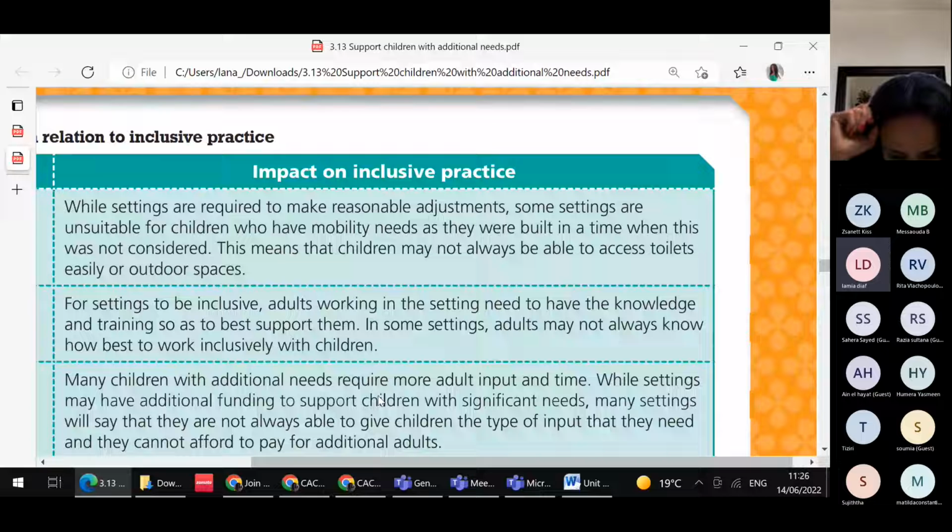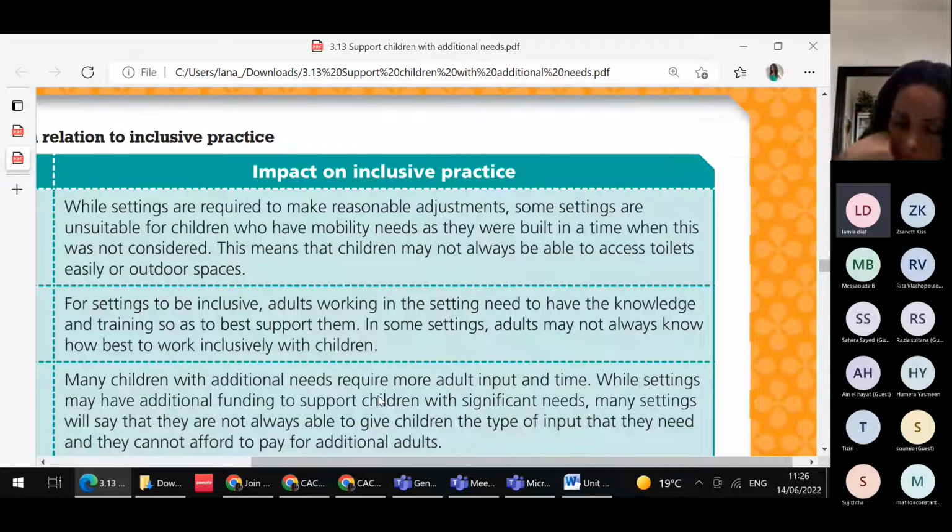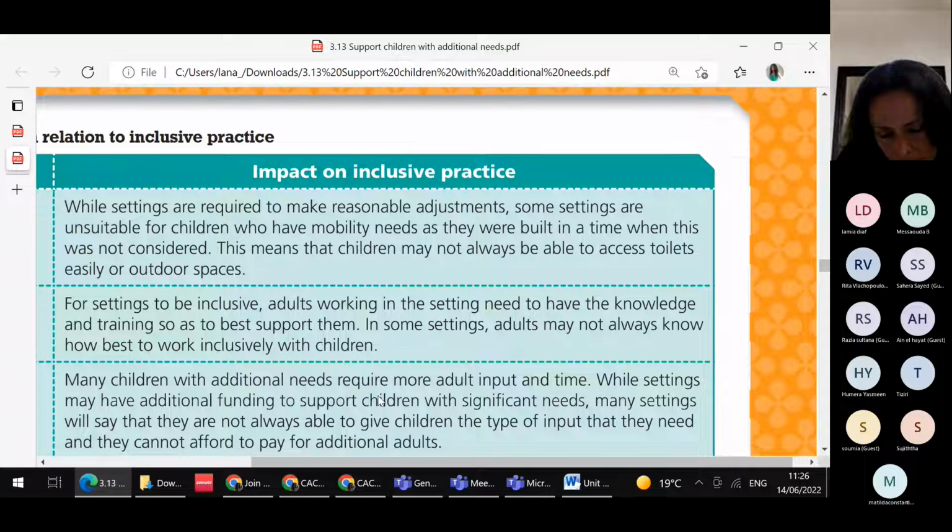He said some nurseries use Makaton and sign for children who have difficulties in speaking and communication. Yes, if this service is not accessible, then the nursery does not meet the child's needs. Very good. For example, if the nursery doesn't have an outdoor area, that would affect the child's physical development.